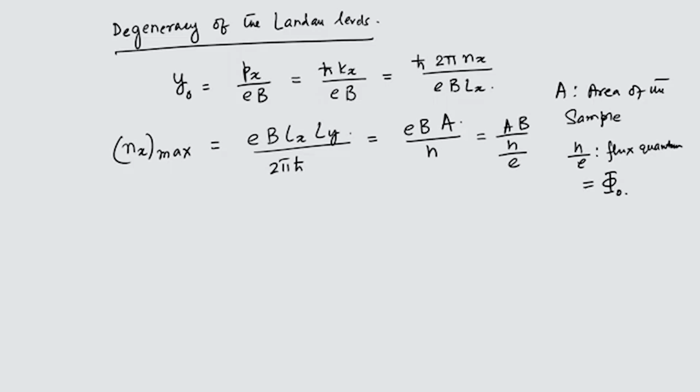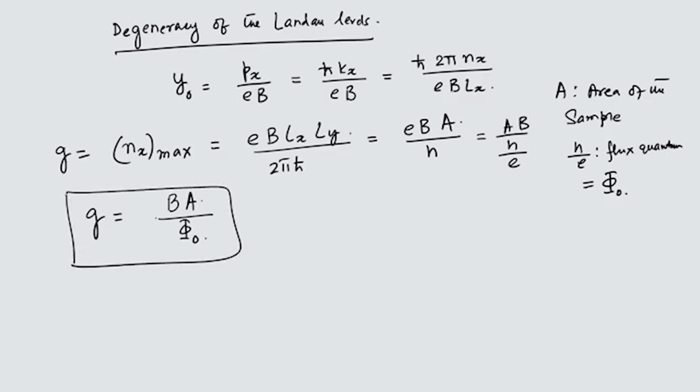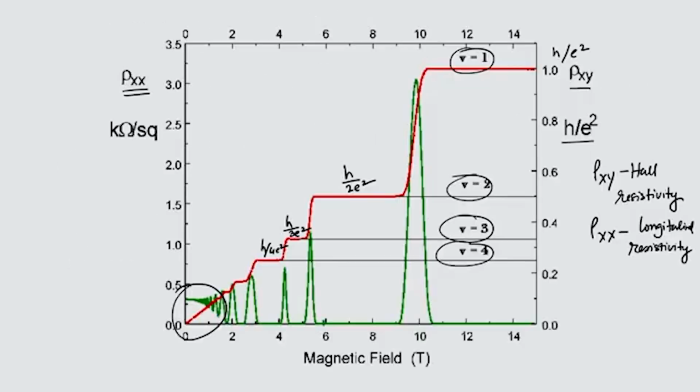So, let us call this G, the degeneracy. G depends on B, the magnetic field, the area of the sample, and phi 0, and this tells you that this degeneracy can be infinite, because if you go back to the first slide that we had, you see here the magnetic field goes all the way up to 15 Tesla.